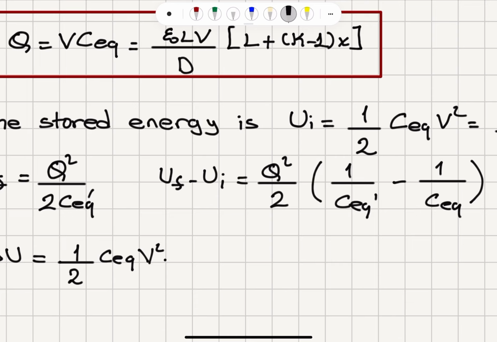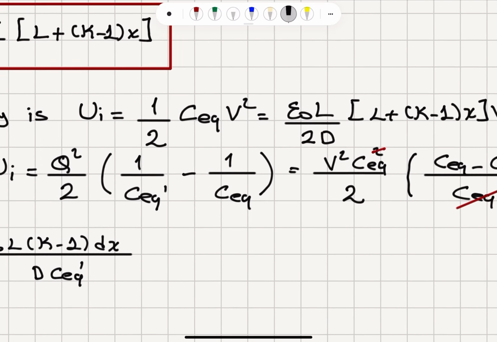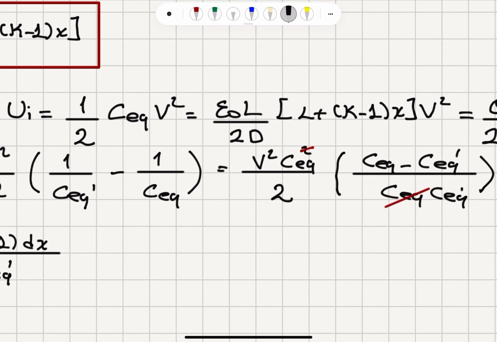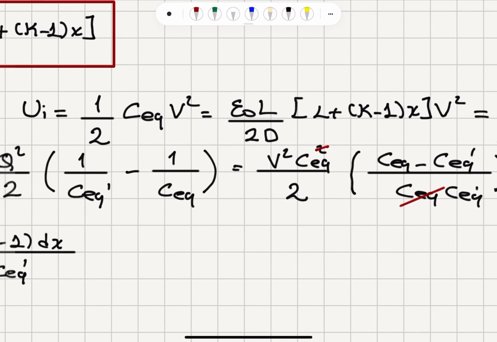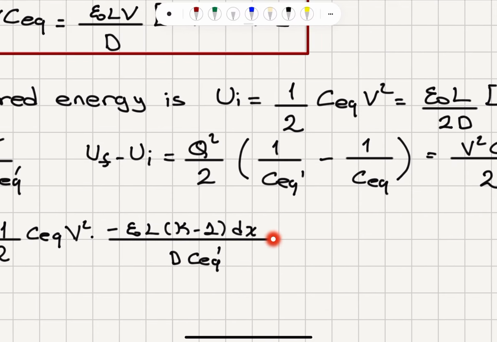So C equivalent minus C equivalent prime will give me a minus sign here: minus epsilon 0 L (kappa minus 1) dx divided by d, times C equivalent prime. All right, so (C equivalent minus C equivalent prime) divided by C equivalent prime is this value divided by C equivalent prime.